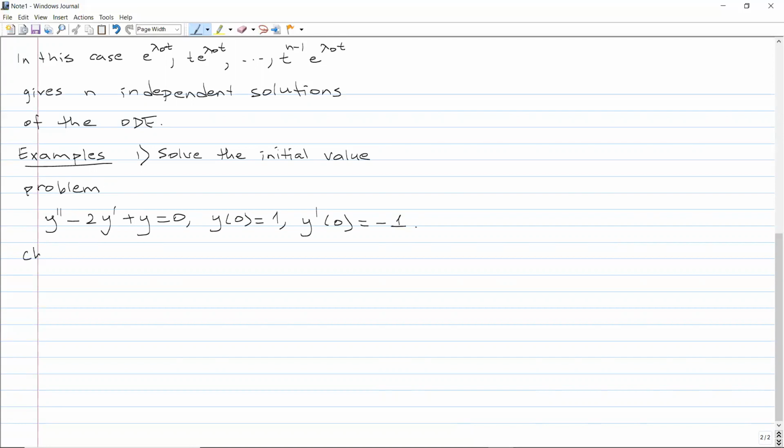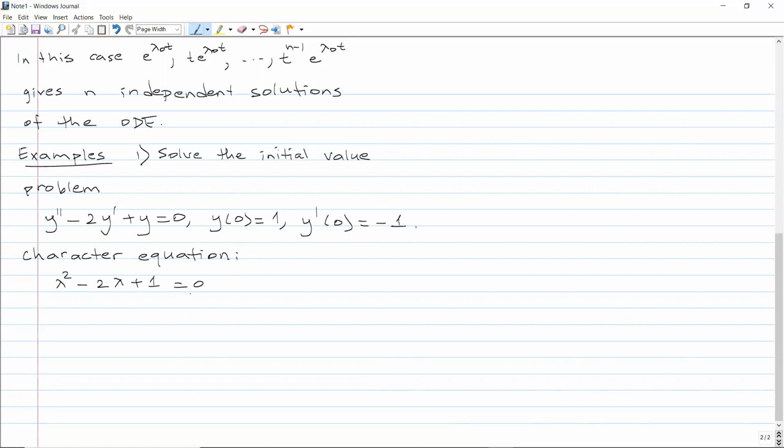Okay, so first we need to obtain the general solution, and using the initial conditions, we are going to figure out the constants. To find the general solution, we consider the characteristic equation. It is lambda squared minus 2 lambda plus 1 equal to 0.